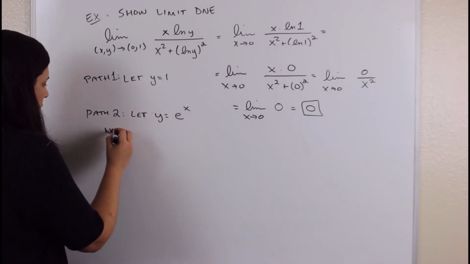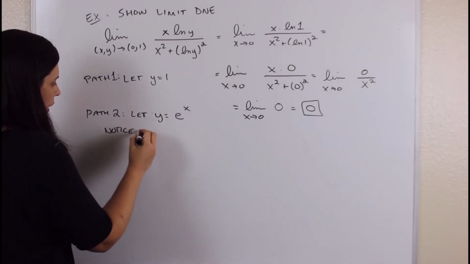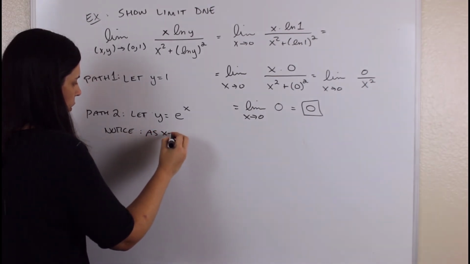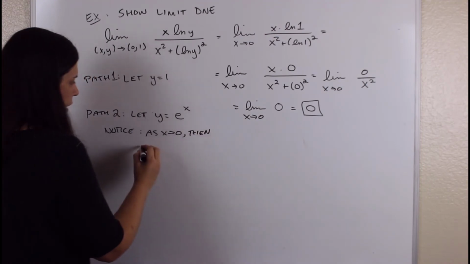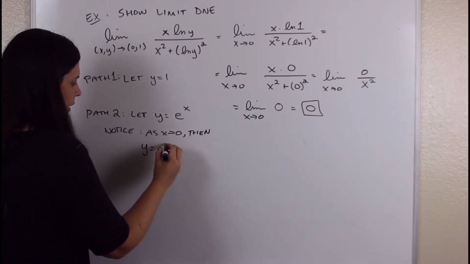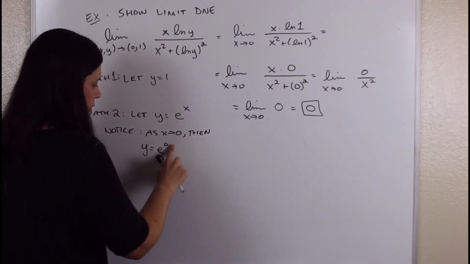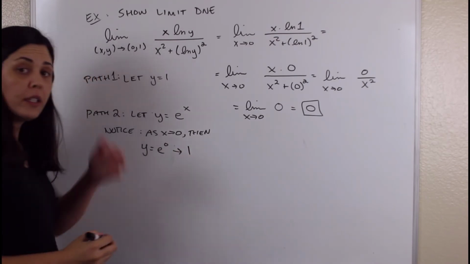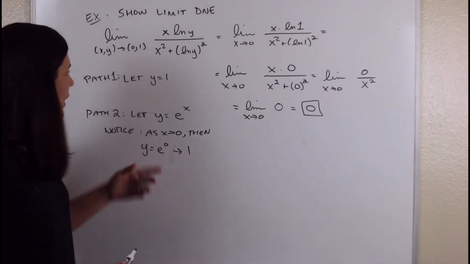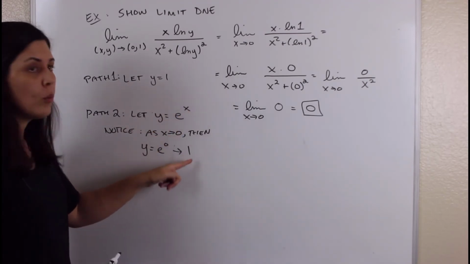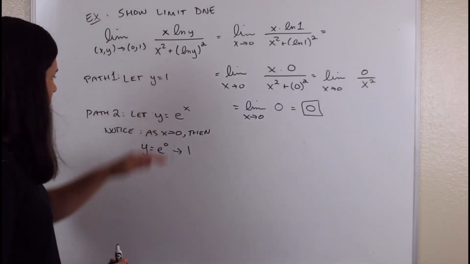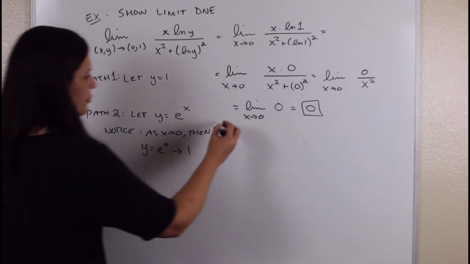So notice, as x approaches 0, then y equals e to the 0 approaches 1. Okay, so we are still in fact approaching the same value. X goes to 0, and if we plug in 0 here, y is going to 1, which is good. Okay, so let's use that as our path number 2.